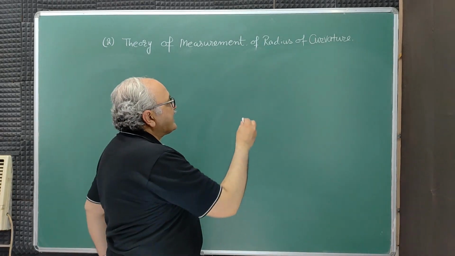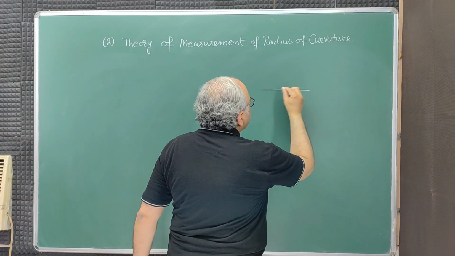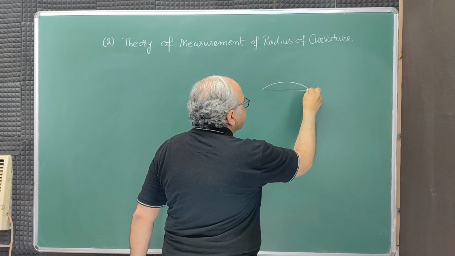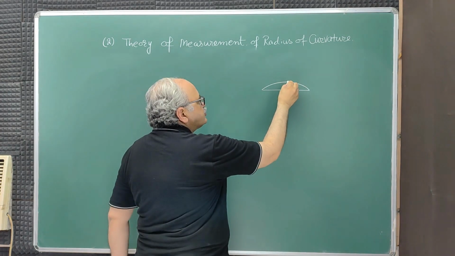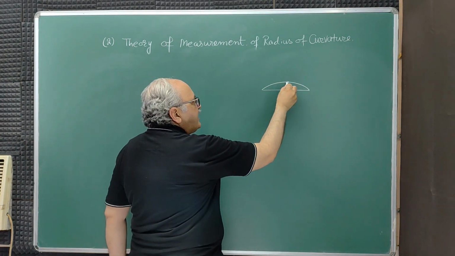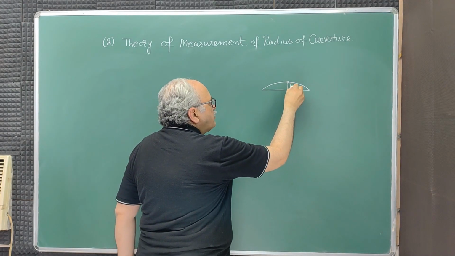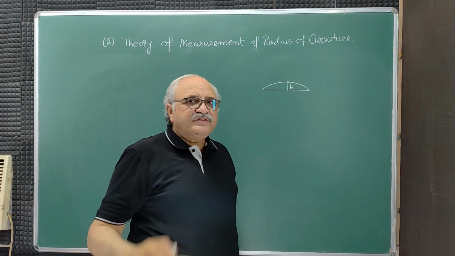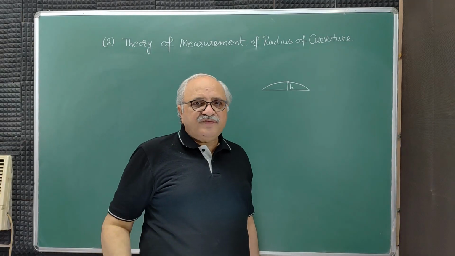On the diagram it will look like this. This is the plano-convex lens and this is the topmost point here, and I'm interested to know how much is the height of this topmost point of the spherical surface from the base.